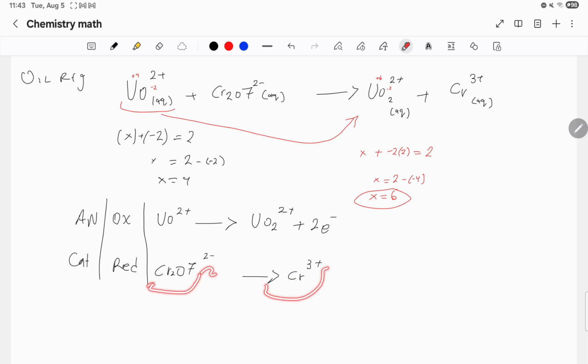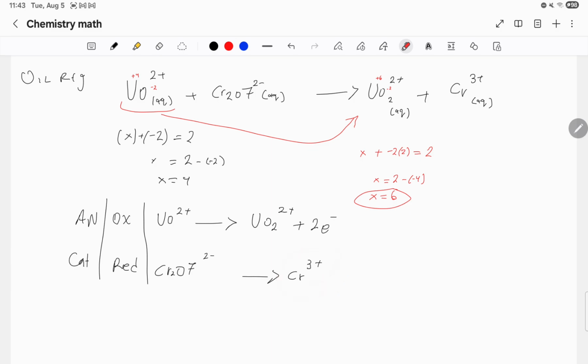And you're like, hey, why do I have to figure out the oxidation number for these? I already know that this is the oxidation, this is the reduction reaction. That's a good point, but we need to know how many electrons were exchanged here, correct? So we will figure out what oxidation number Cr2O7 2 minus has, and then we will figure out the oxidation number of this.